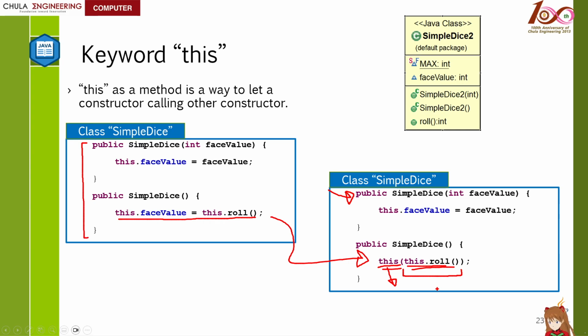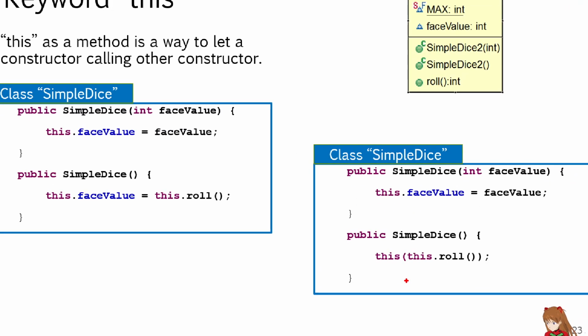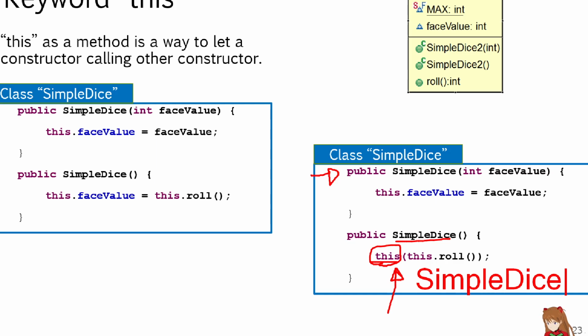So you will see this quite a bit, when a constructor actually calls another constructor. This one actually calls this one, and it all uses the keyword this.